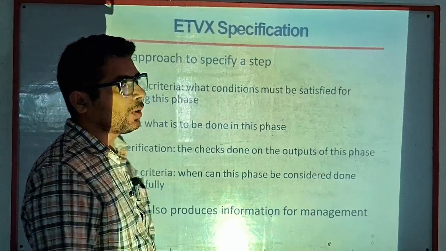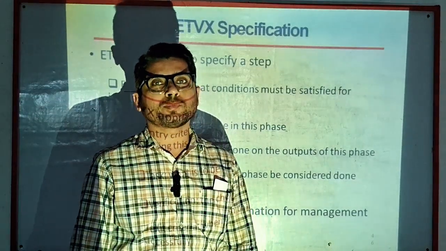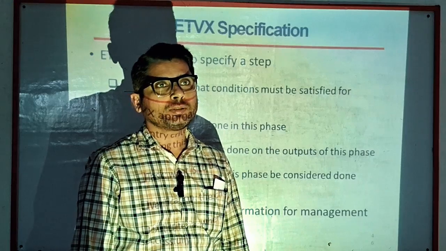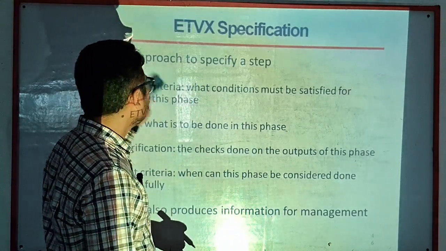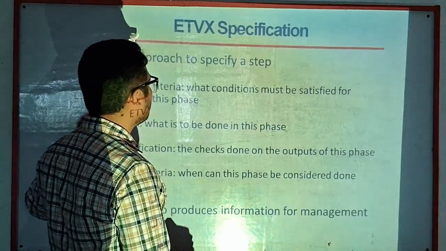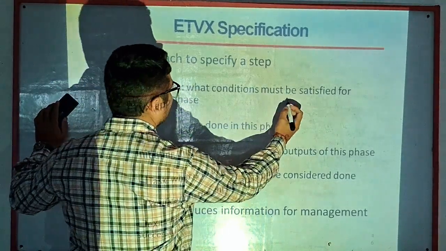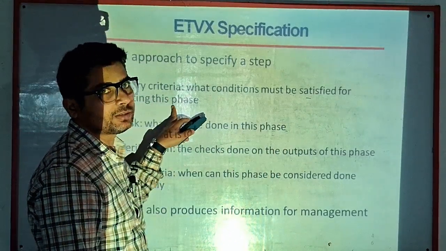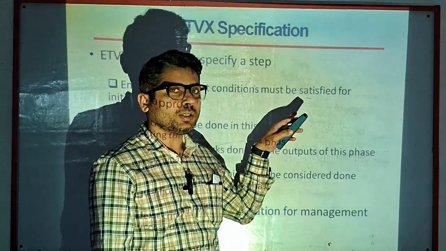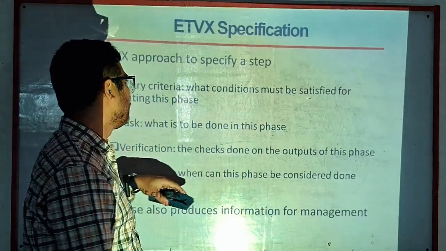For starting to develop the software, we first have to check the entry criteria, and the conditions must be satisfied for initializing this phase. To start the phase, the condition should be true.